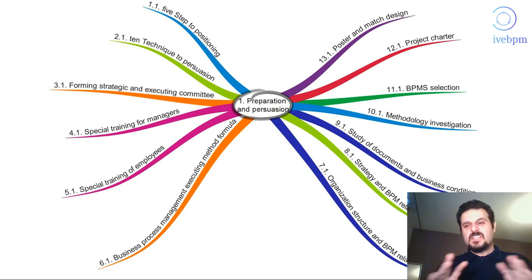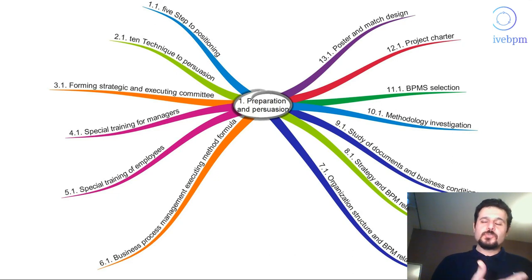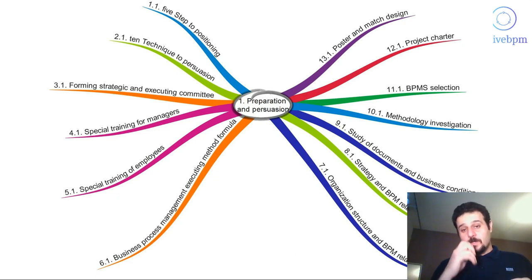The next is training, special training for the managers. When we say managers, we mean the steering committee, the CEO or vice presidents, who should know about the benefits of BPM and the value that can be created by BPM.